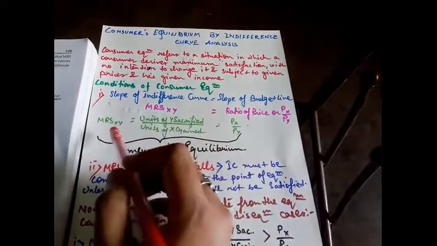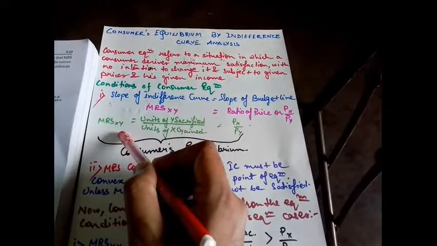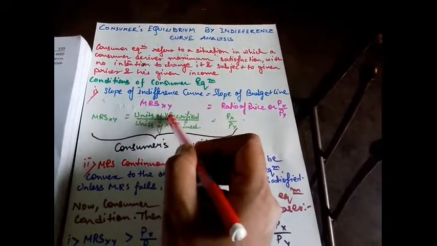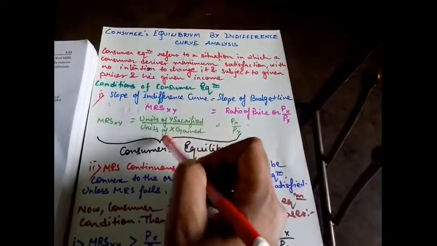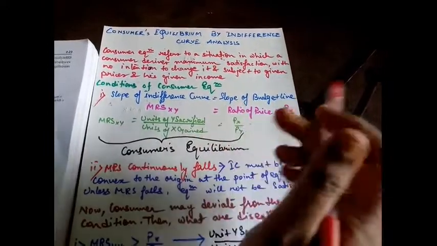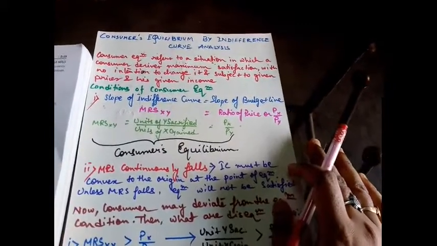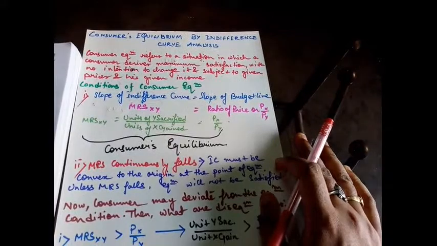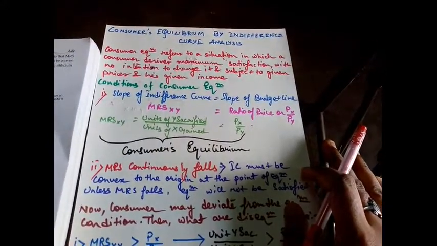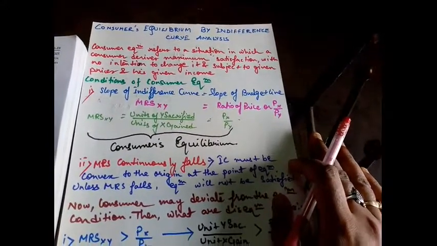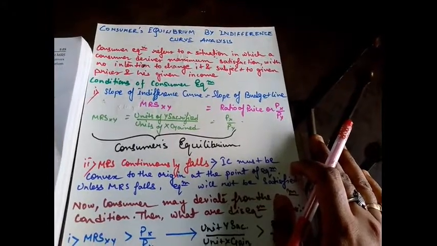See the formula written here for MRS of xy: units of y sacrificed per unit of x gained. I have told you in previous classes also that if you want to consume an extra unit of one good, say x, you have to sacrifice y.